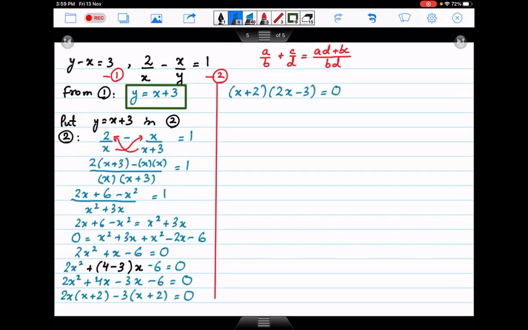So now we have two brackets giving us 0. So either we take the first bracket equals to 0 or we take the second bracket equals to 0. So now x should be equals to minus 2 from here, and x should be equals to 3 upon 2 from there.